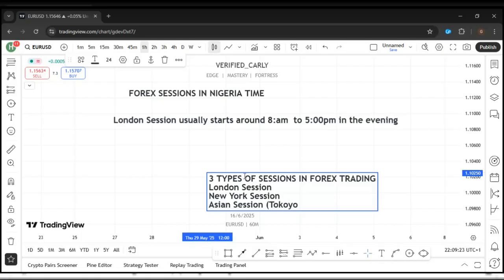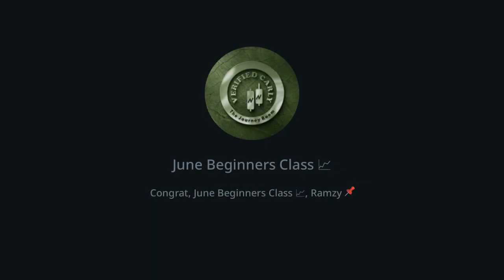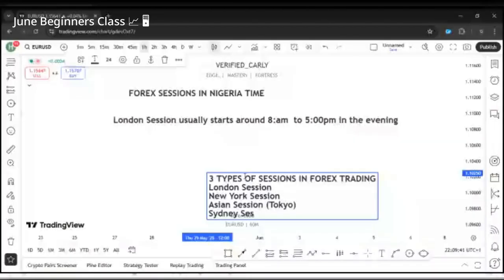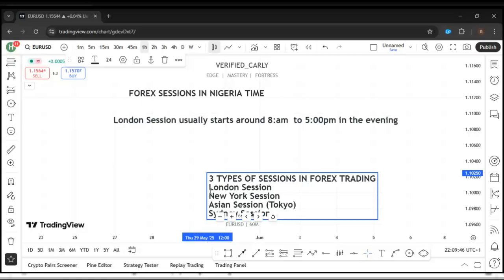And we also have Sydney. Let me just write it. This Asian, Sydney, and Tokyo, they are almost the same time. It's just one hour difference. And the Sydney session.